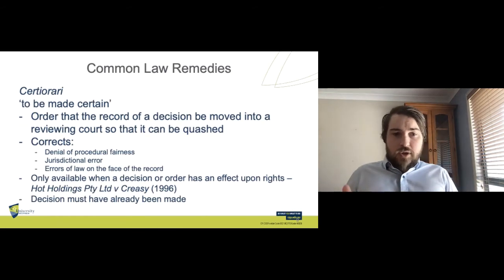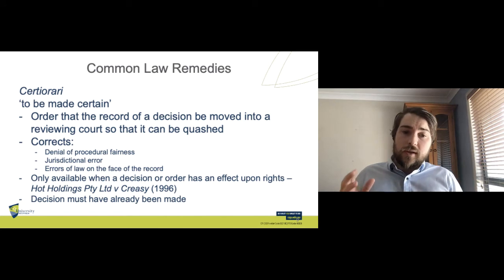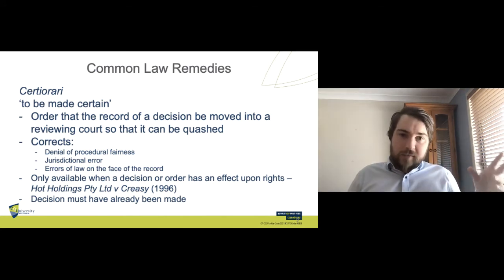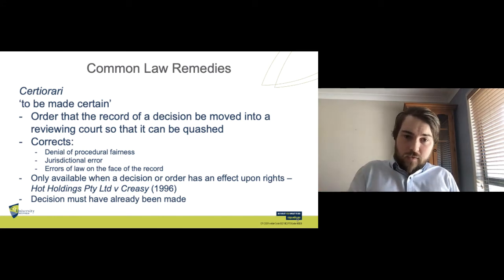An order for certiorari is an order to be made certain, and so this aligns with the power under the Administrative Decisions Judicial Review Act to quash or set aside an order. And so an order of certiorari is an order that the record of a decision be moved into the reviewing court so that it can be quashed.